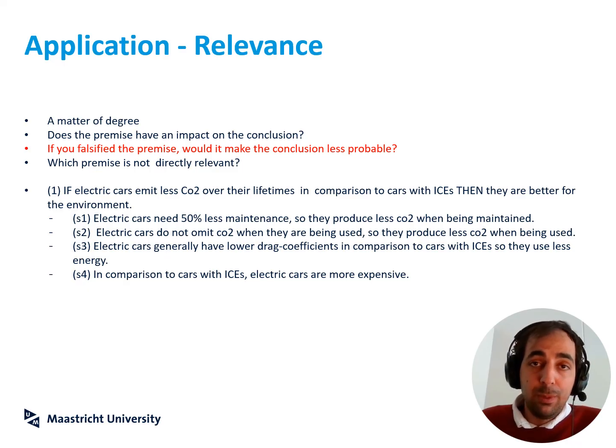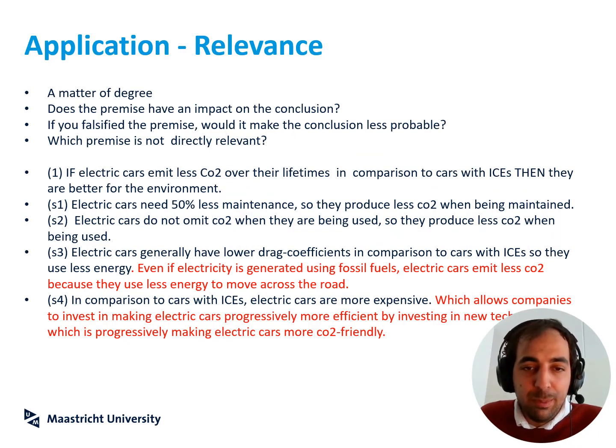If you go through the premises, the last two are indeed less relevant than the first few premises, but you can still make them relevant, right? So if you were to explain what the connection is to the actual conclusion, that would make them more relevant.